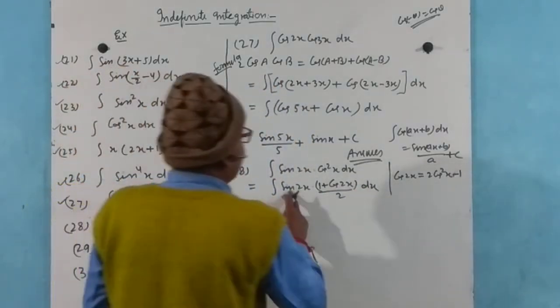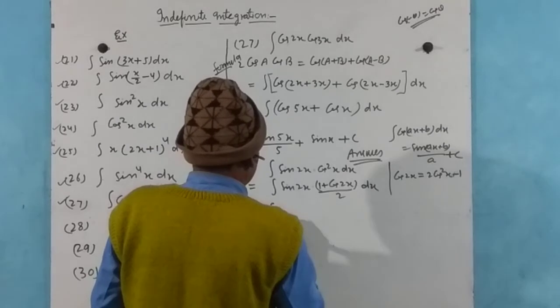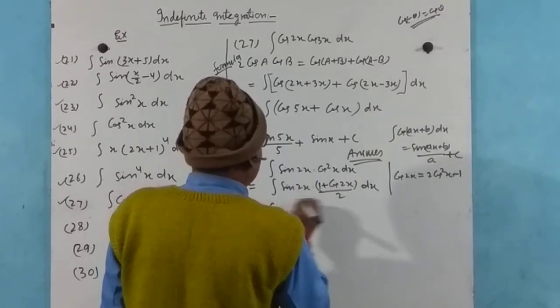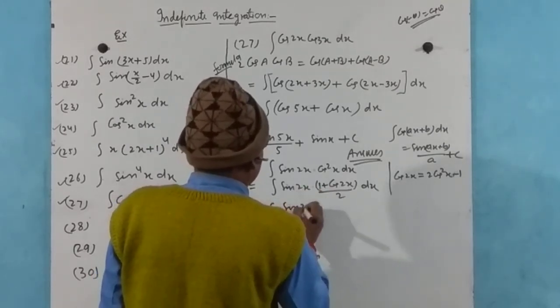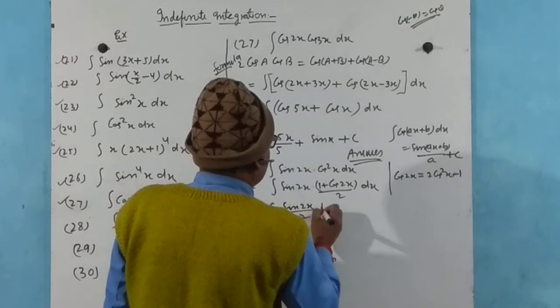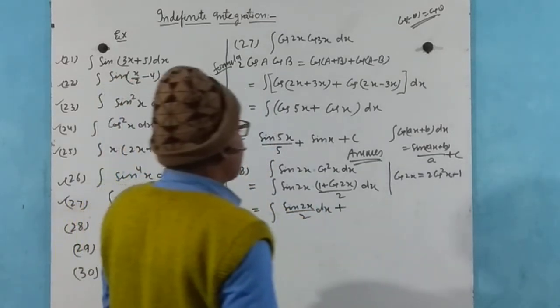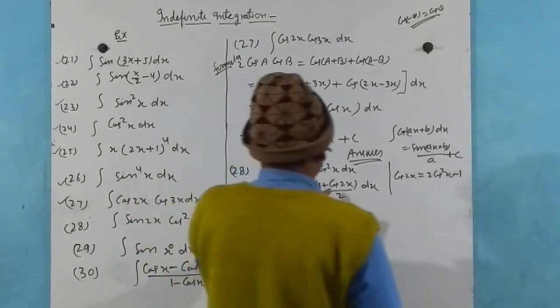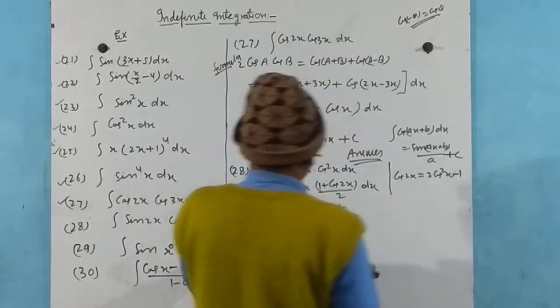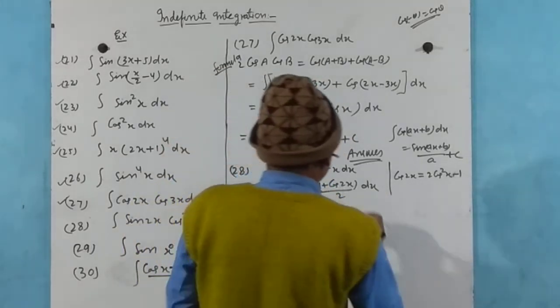Now this can be written as the integration of sin 2x by 2 dx plus sin 2x into cos 2x.